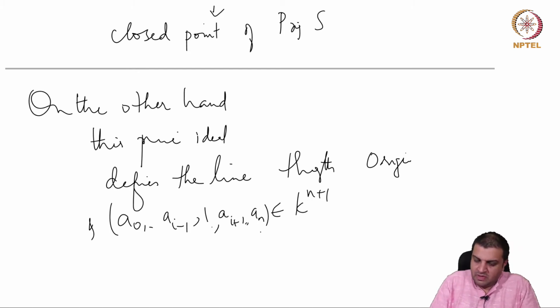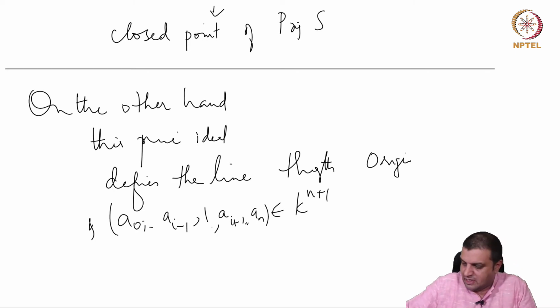It is the line through this point, and this says those ratios, the slopes, are correct. x0 is a0 times xi, and so on. xj is aj times xi for j different from i. So it corresponds to the line through the origin and this point inside K^(n+1).